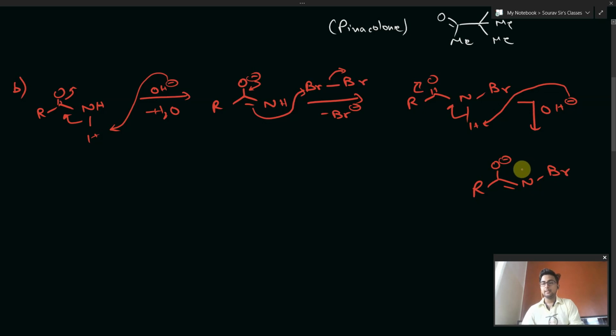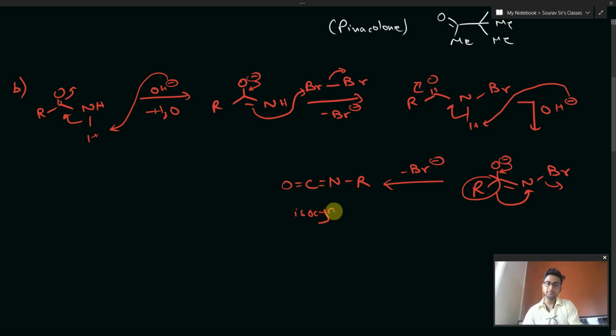Then what would happen is, as this O minus falls over here, this R group will migrate over here and release the Br atom. So we'll be removing Br as Br minus, and the compound that we'll be forming is R-N double bond C double bond O. The name of this compound is isocyanate.